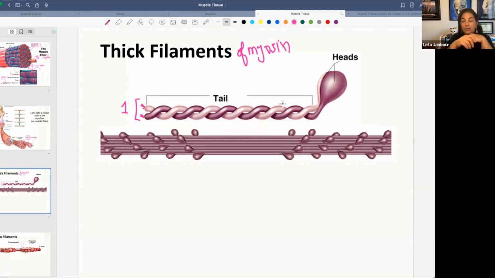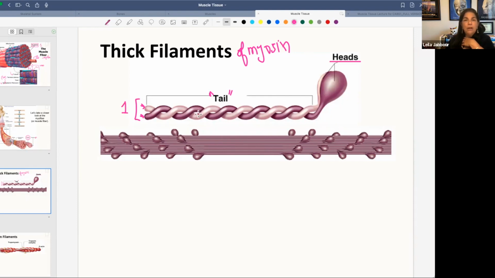And the two of them wrap around each other to form what's called a tail. And at one of their ends, there's an expansion, and that's called the heads. So the two heads are next to each other and the tails are intertwined.